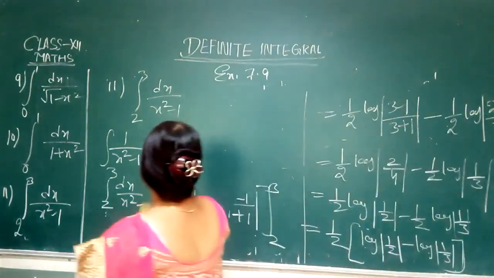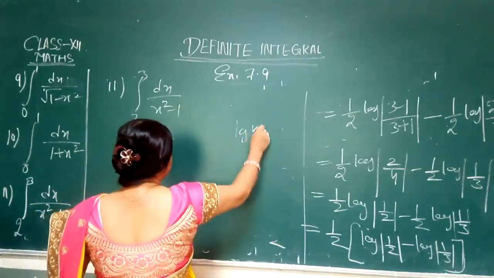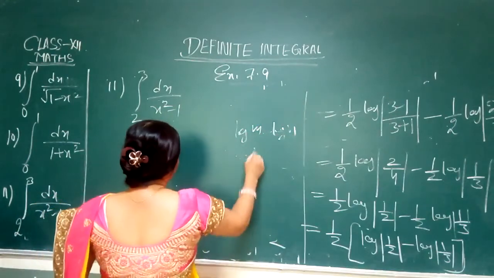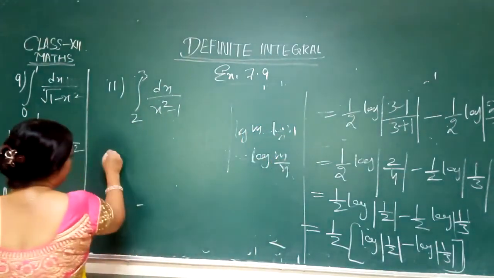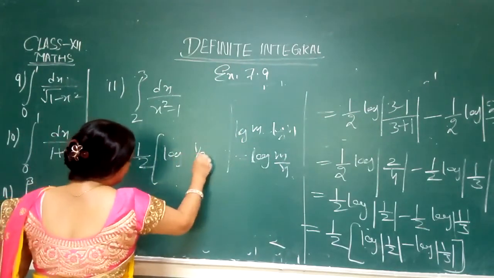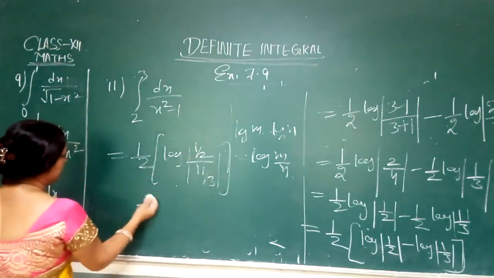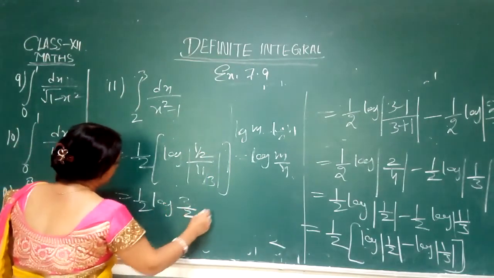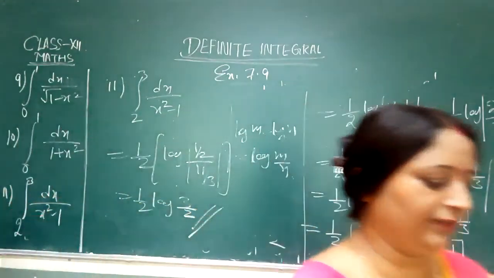What is the formula? Log m minus log n is equal to log of m upon n. So we will apply this formula. It will come half of log 1 by 2 upon 1 by 3. So after that it will come half log 3 by 2. So this is the required solution of question number 11.